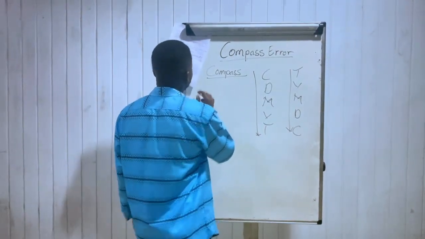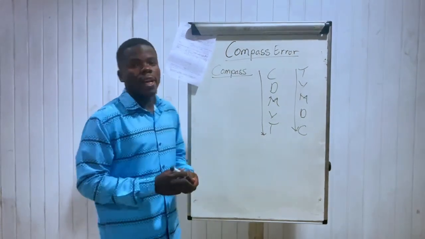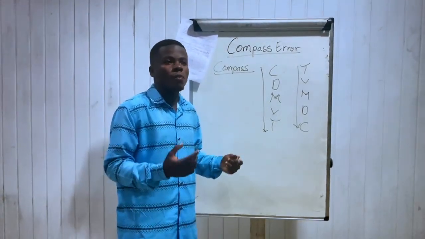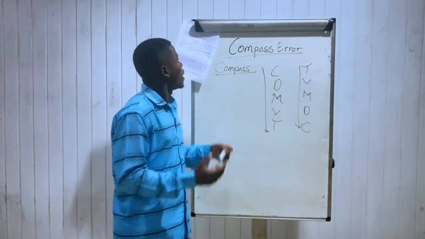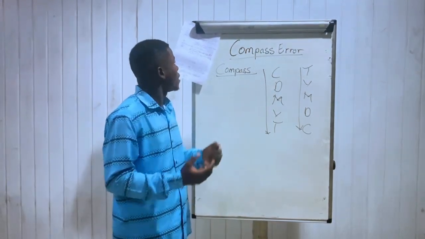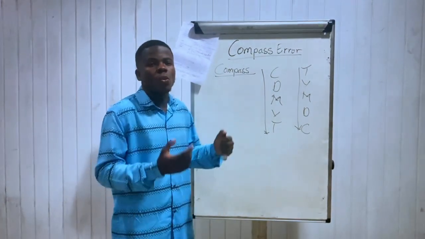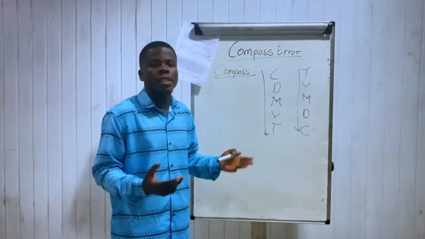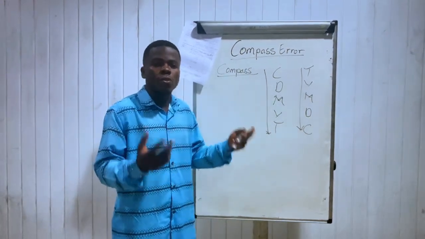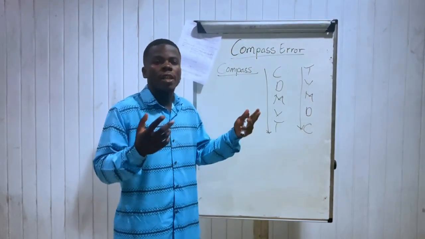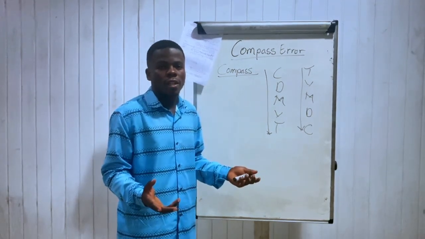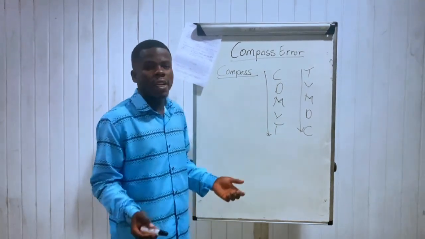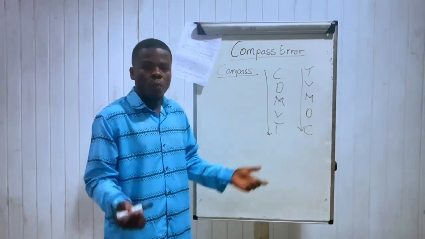It consists of a magnetic needle that will rotate to align with the Earth's magnetic field for a user to determine his or her location. So basically, that's a compass.